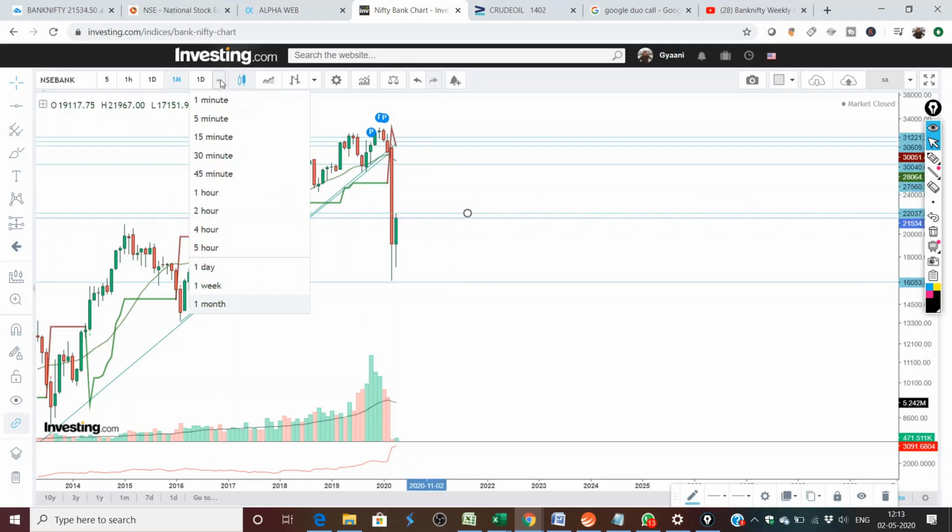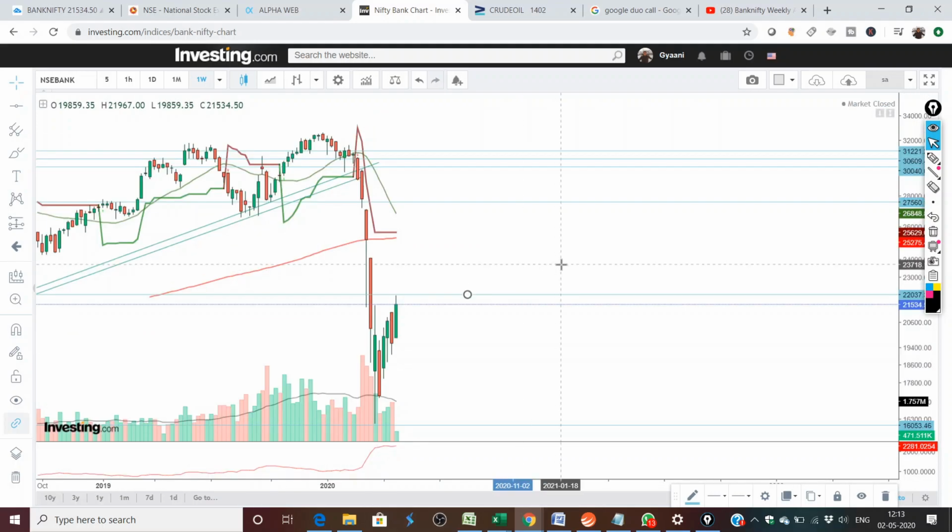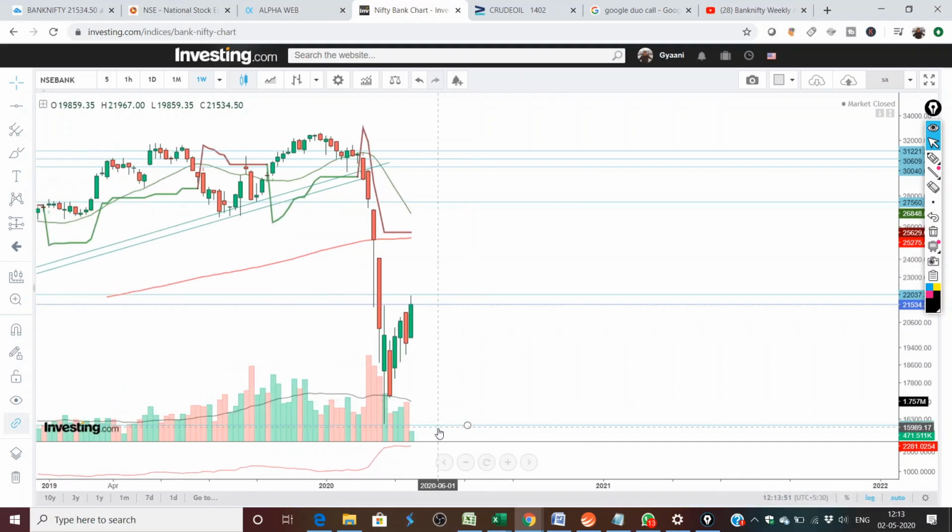So let's get on to the weekly chart. In the weekly chart, you can see this was the low which formed, and there was a red bar. As per our theory, whenever this high is broken, we go long. Here the high was broken, but it closed below that. So we need to wait for one more candle.